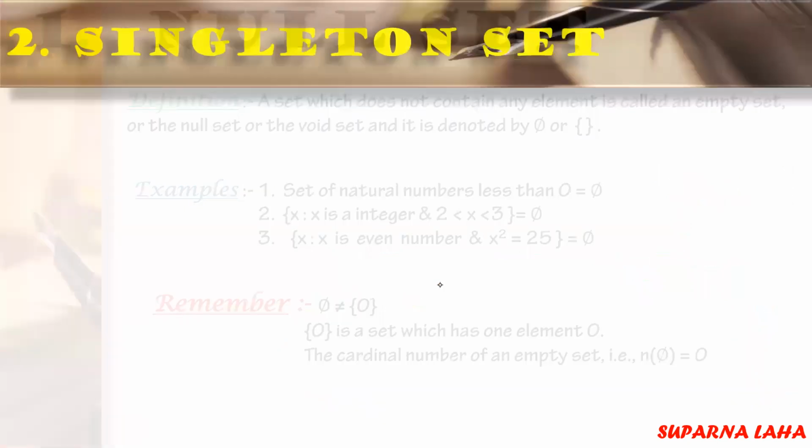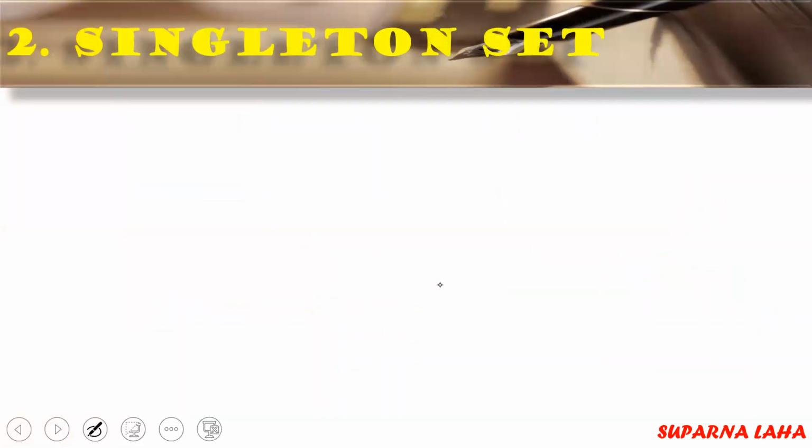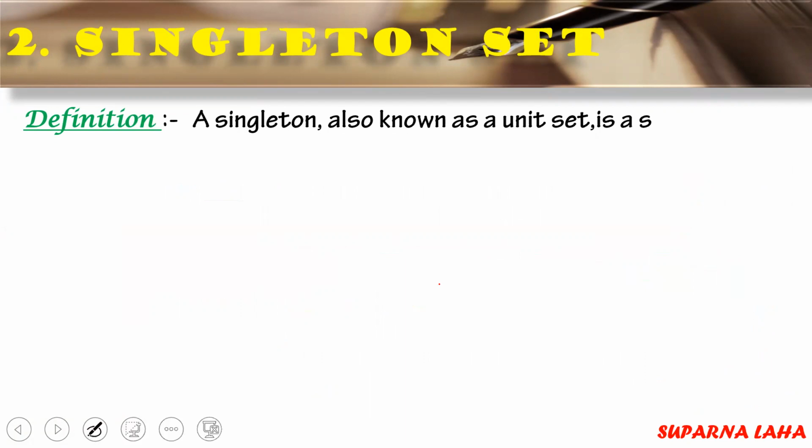Next, singleton set. Previously we learned about the set which contains no element. Now singleton, look at that word. Singleton means 1. A singleton set is known as a unit set and it's a set with exactly one element.